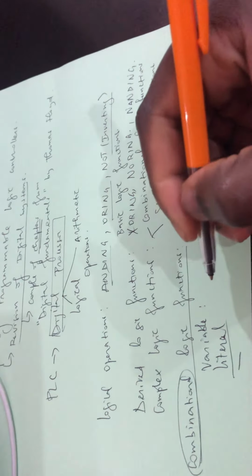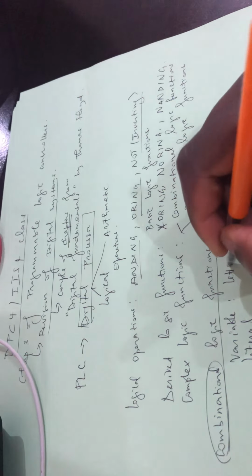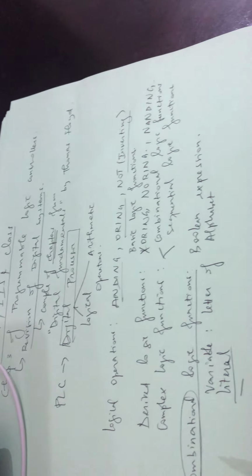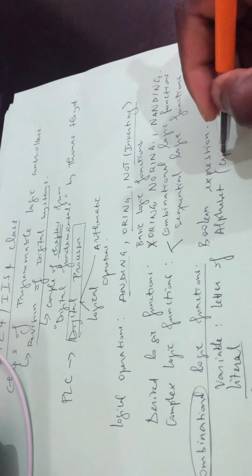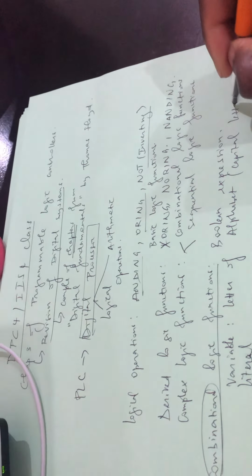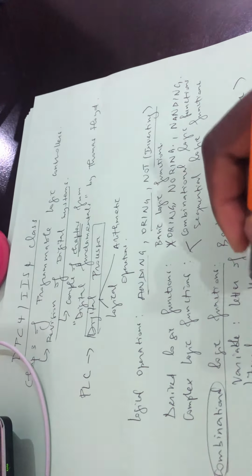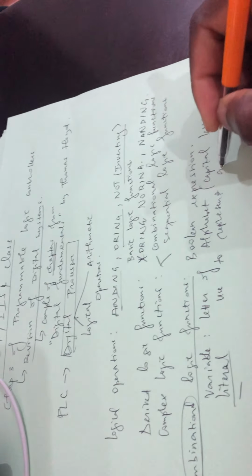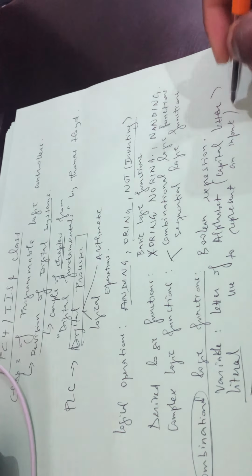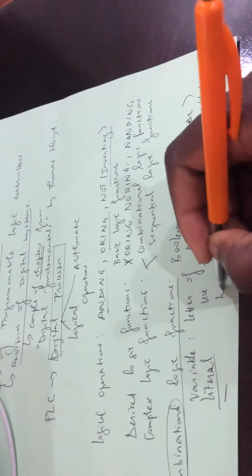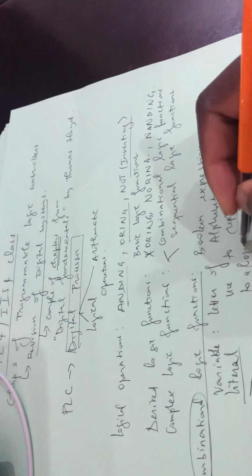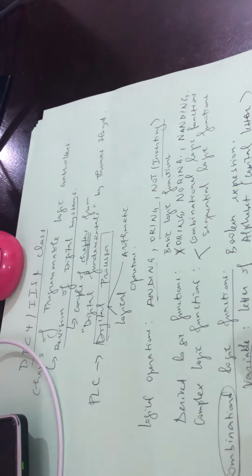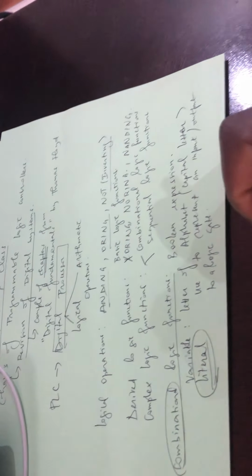A variable in a digital system context is a letter of the alphabet, often a capital letter, that we often use to represent an input or output to a logic gate.